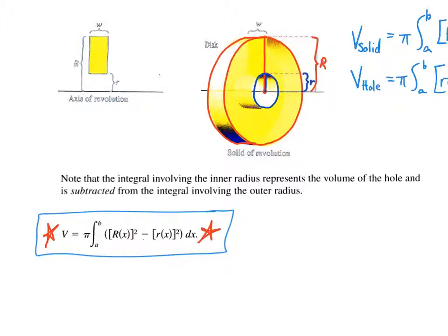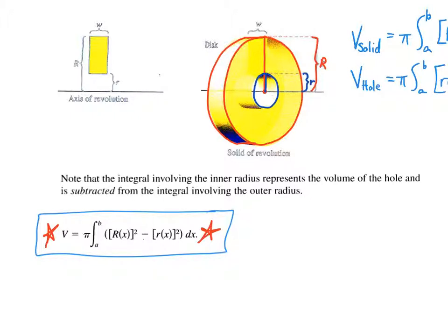Is the function different, like the capital R and the lowercase r? Like these are different functions? Yes, guys. The outer function and the inner function, the outer radius and the inner radius, are different functions.